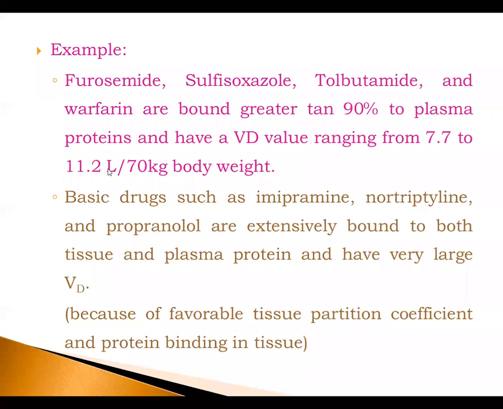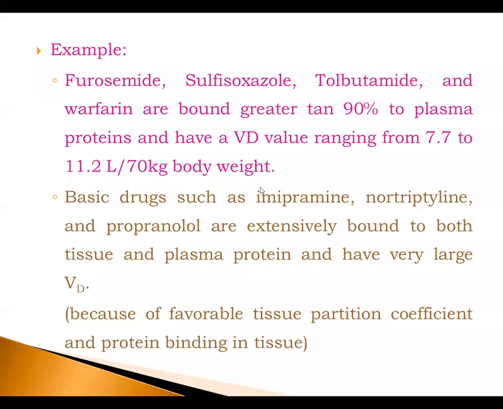It is 7.7 and 11.2, which is much less; it doesn't even come close to 42 liters. If it came to 42 liters, we could say it is distributed to the tissue. So these drugs, because of the higher protein binding capacity in the plasma, have a decreased VD with respect to a 70 kg body weight.